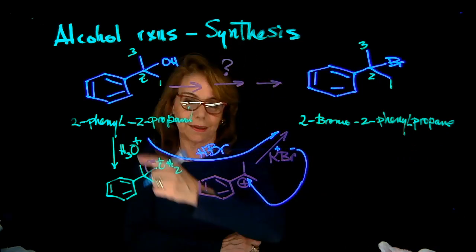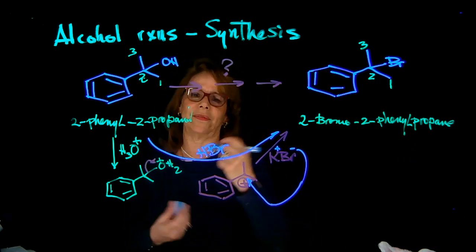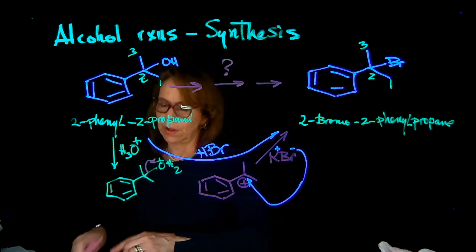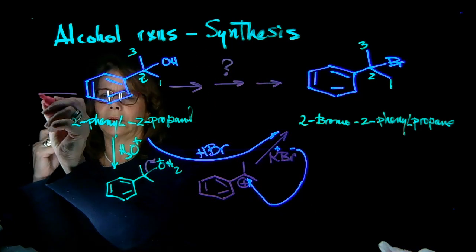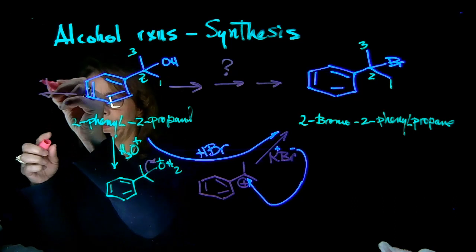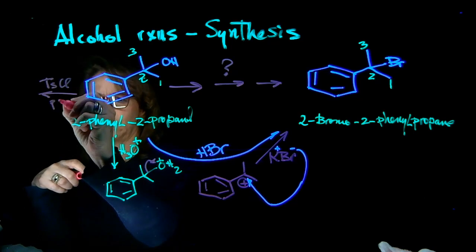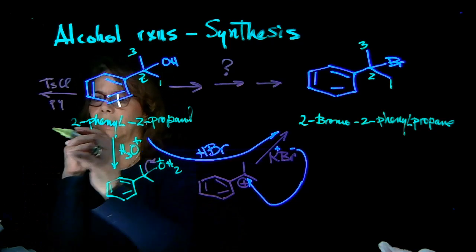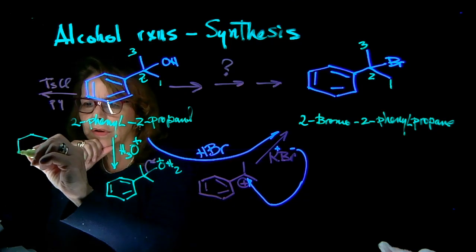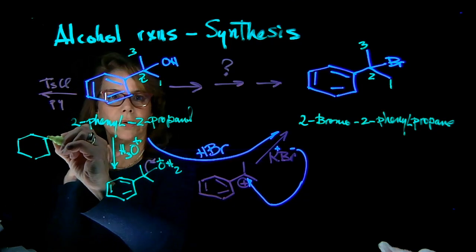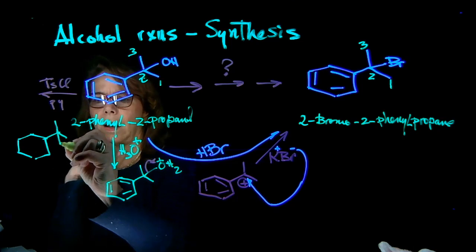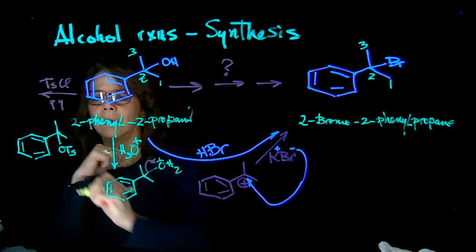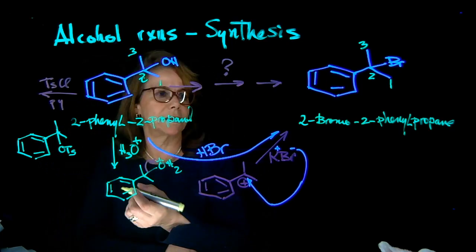Another way of making OH a good leaving group is transforming it using tosyl chloride. So here I'm going to write an alternative path to make OH a good leaving group. If you use tosyl chloride and pyridine, you will create the following, and I'm writing that below. Here you have OTs, the tosylate, and that is an excellent leaving group.